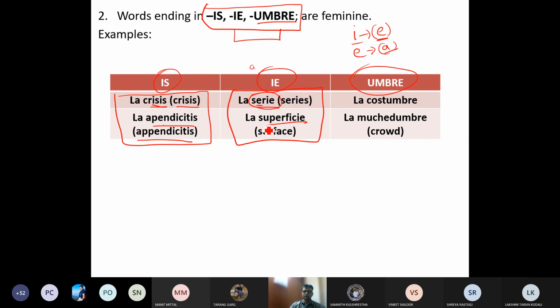Here it will be la superficie, not super. A sound is there for this one. The last one is not too difficult. It will be costumbre, the custom, and muchedumbre, la muchedumbre is for crowd. You can see how we are pronouncing it. If you find any other nouns in Spanish ending with these, you can consider them feminine.